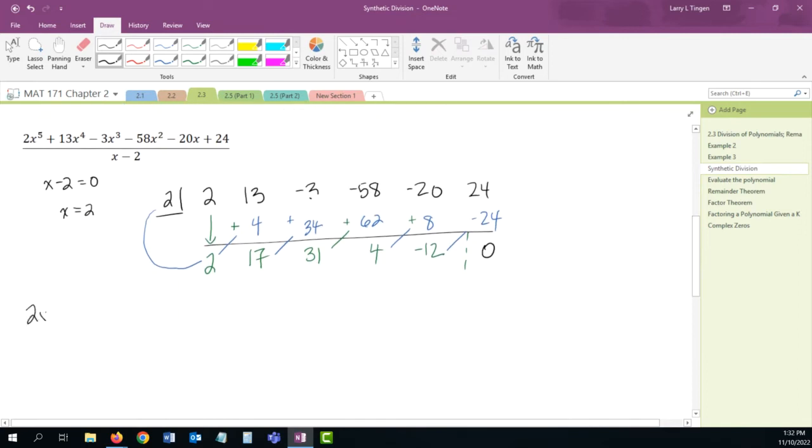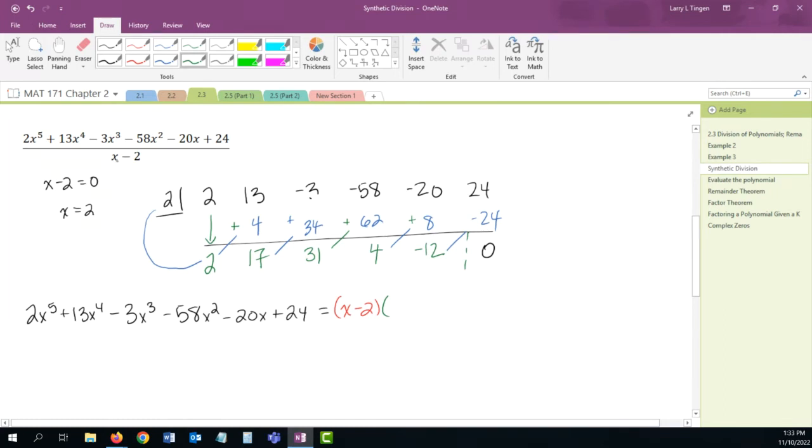So that means 2x to the 5th plus 13x to the 4th minus 3x cubed minus 58x squared minus 20x plus 24 is equal to the divisor, x minus 2, times the quotient. Now, what's the quotient? I started out with a 5th degree polynomial.